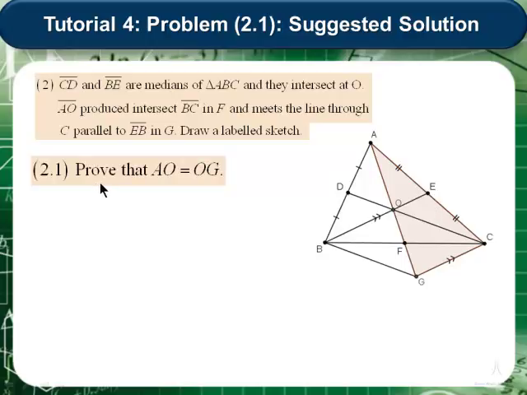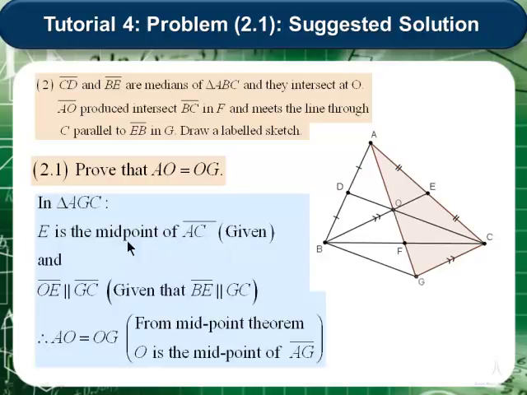So we need to prove now that AO is equal to OG. So what do we know? Firstly, if we look at the shaded triangle, we know that E is the midpoint of AC, that is given, and according to the construction, line segment OE is parallel to line segment GC.